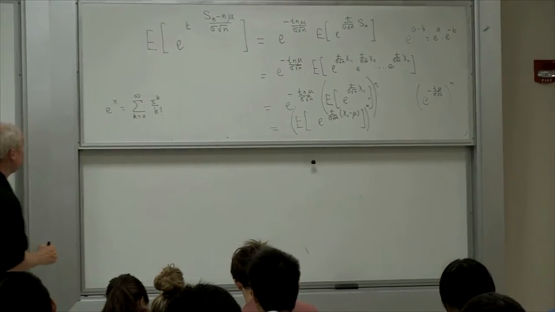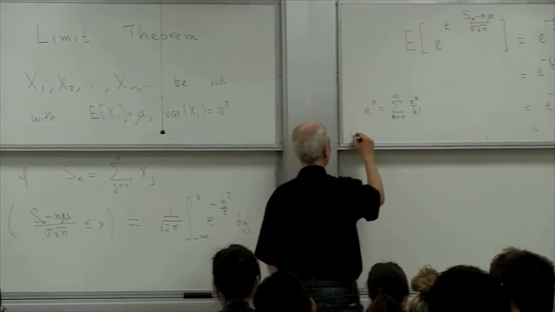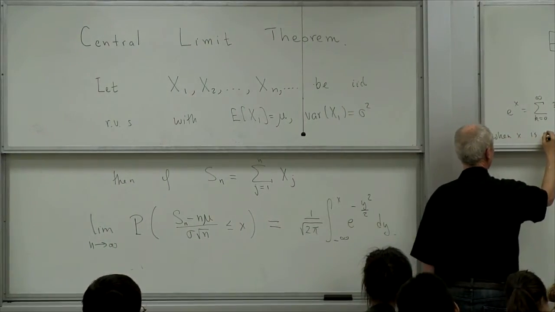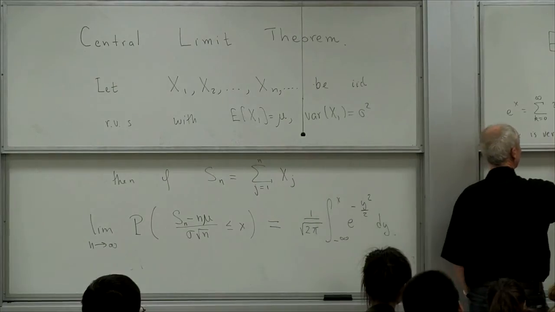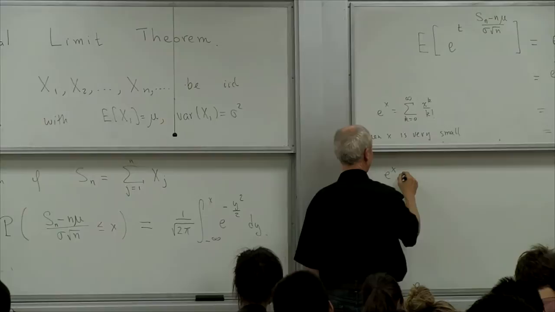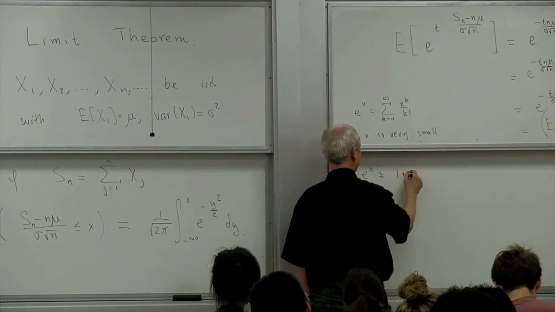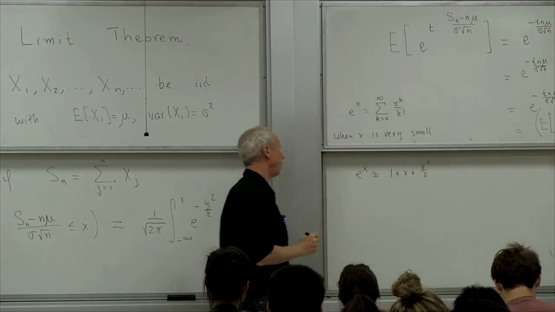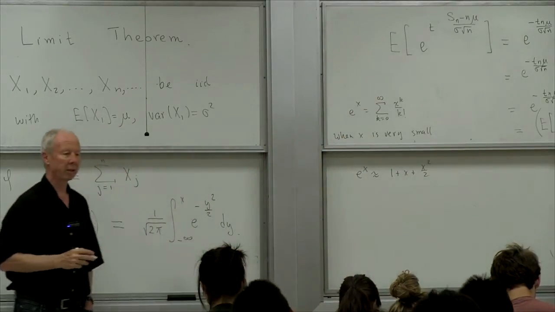And when x is very small, e to the x is approximately 1 plus x plus x squared over 2.